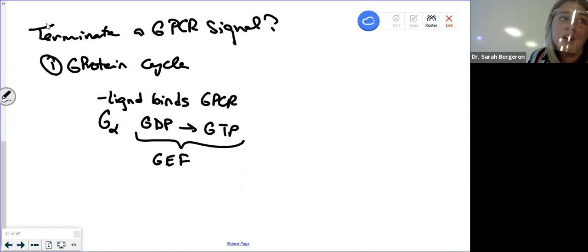So there's inherent guanine exchange factor ability in the GPCR that allows that exchange to happen. Okay, so now what? That's actually not two, that's one way. We'll call this step A. Then step B, what happens?